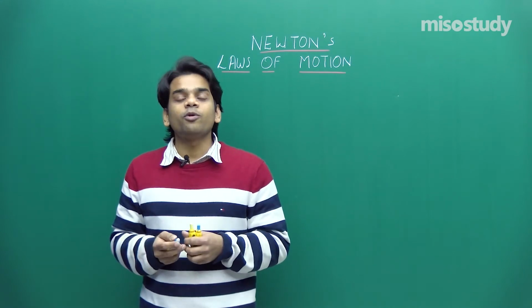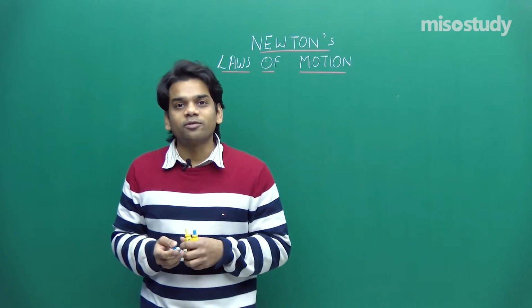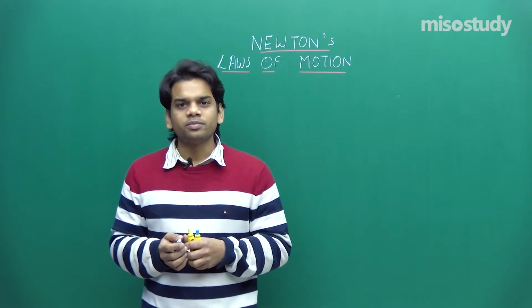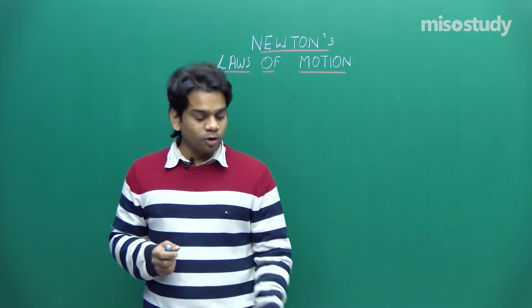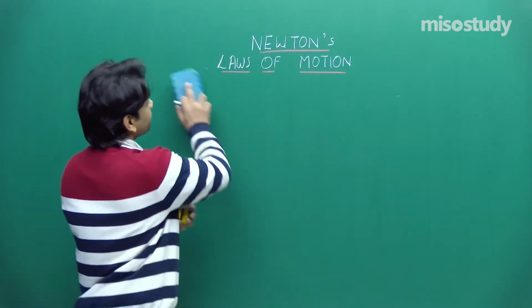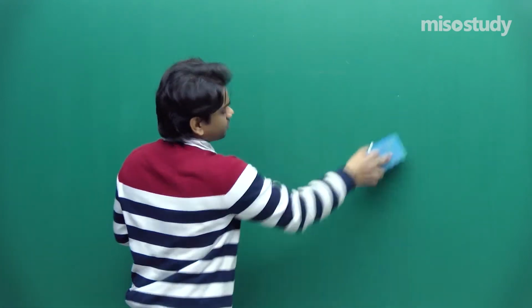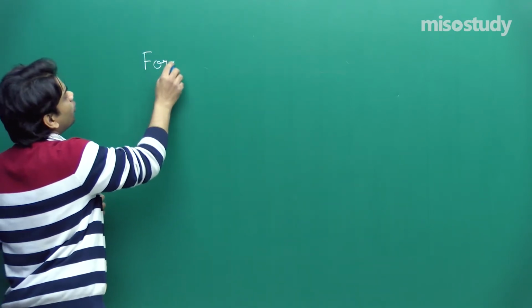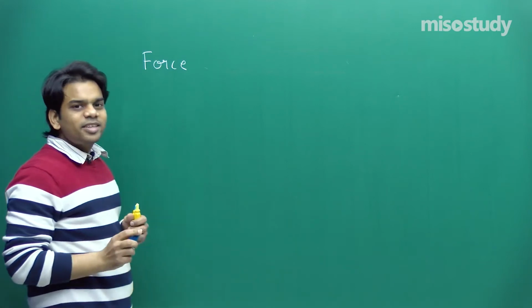Again, we can classify force into two types, that is contact force and non-contact force, which I'm going to also mention here, need not worry about that. So first of all, let us understand what is force. Now, if I talk about force, we know that it can be push or pull.